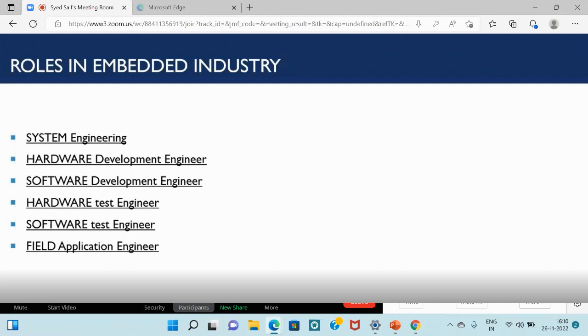Continuous learning and continuous achievement. You need to bring a new change every time. Hope these points will help you to think and take a good decision.